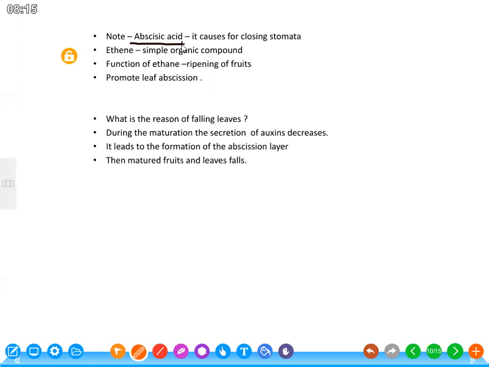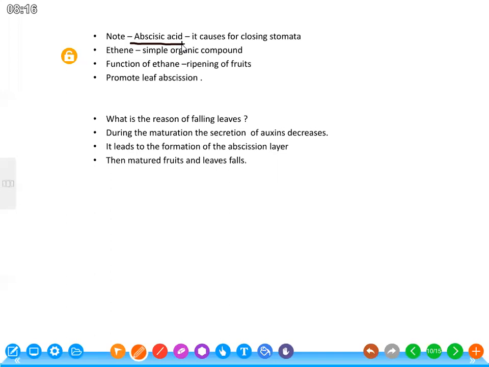Transpiration means the water is going out from the plant in the form of water vapor through the stomata. So the function of abscisic acid is closing stomata, so transpiration is decreased.